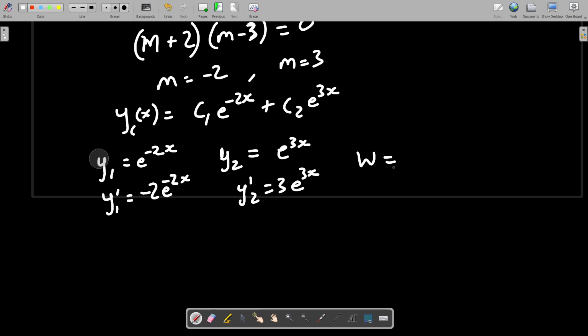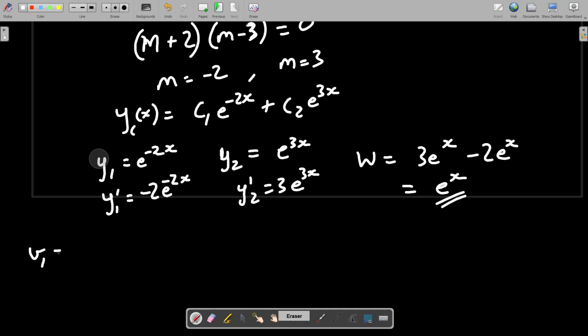Wronskian will be what? You can do this calculation in your mind only. This comes 3 minus (minus 2), this will leave you with e raised to x.